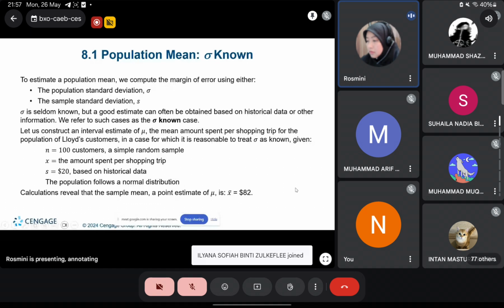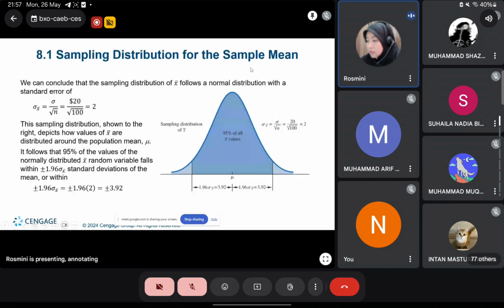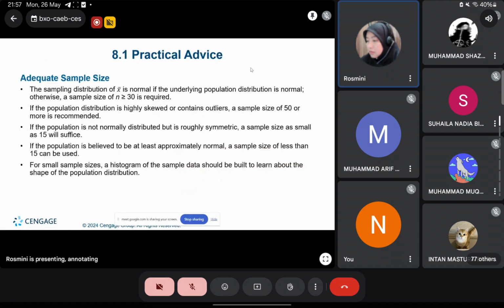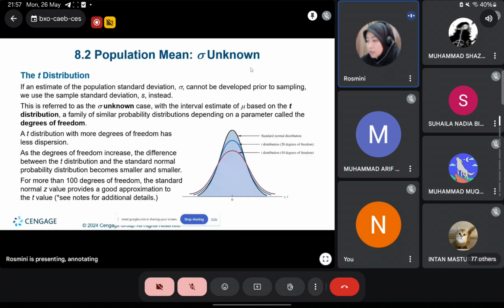When we try to find this, here is an example. You need to know that there is a population mean where sigma is known, and we have another one, the population mean when sigma is unknown.